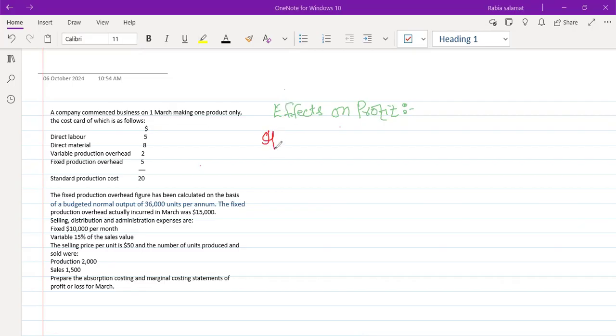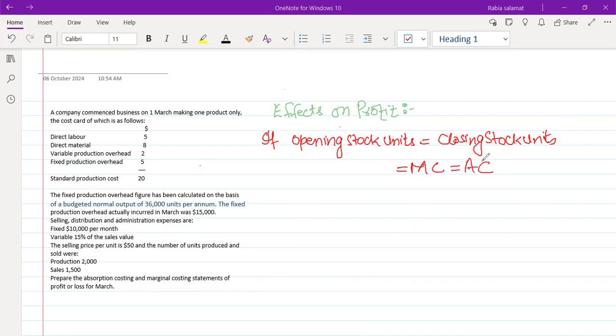If opening stock units are equal to closing stock units, your marginal costing profit is equal to absorption costing profit.